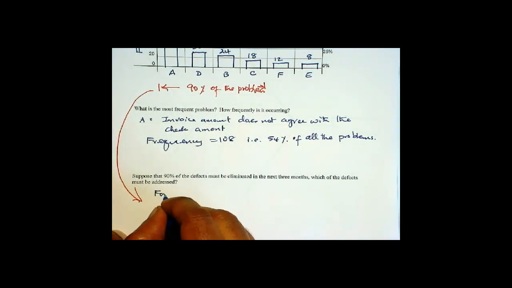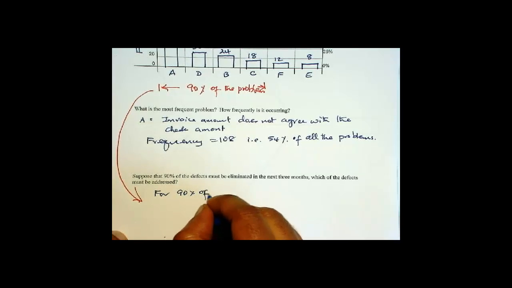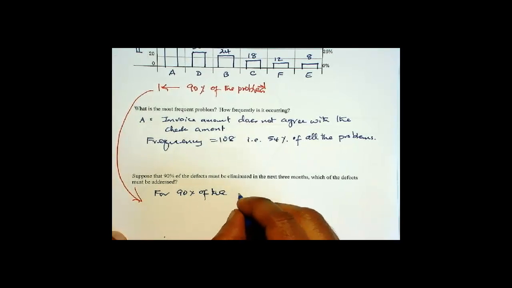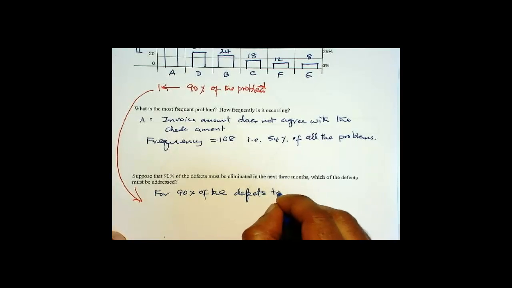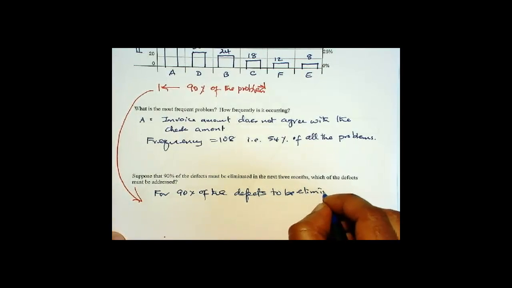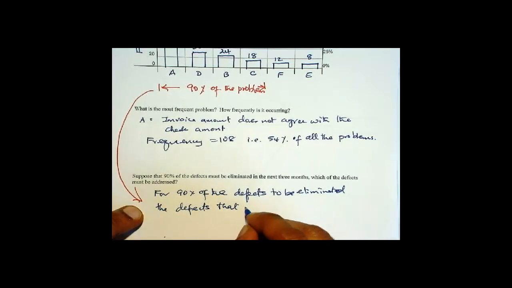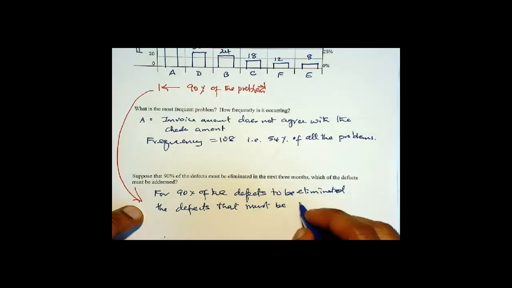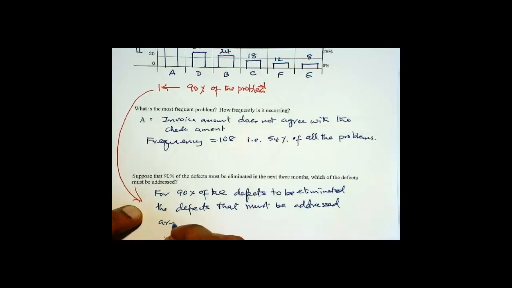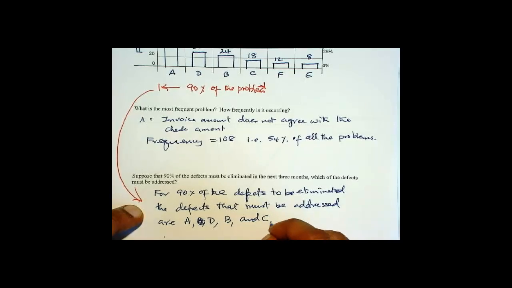For 90% of the defects to be eliminated, the defects that must be addressed are A, D, B and C in that order.